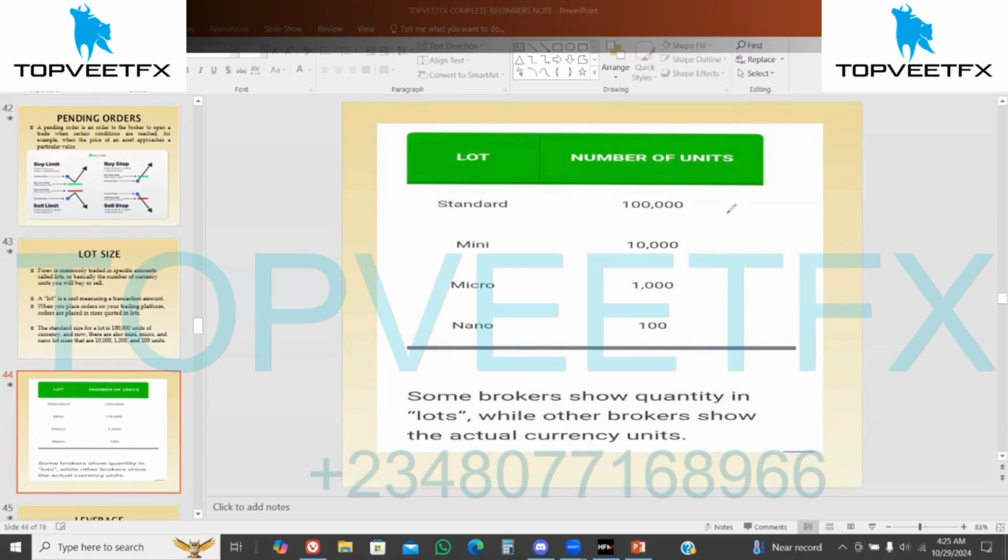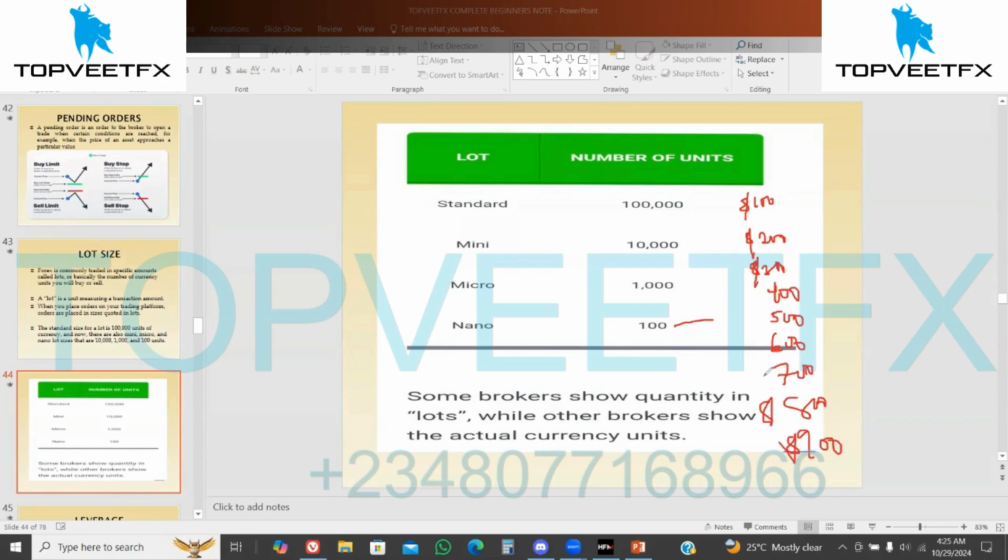Now, on Nano, which is a minimum of 100, let's say, for example, you have $100, you have $200, $300, 400, 500, 600, 700, 800, $900.